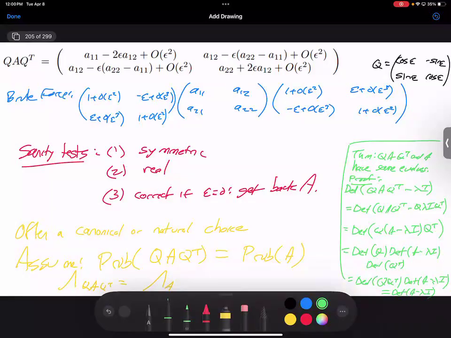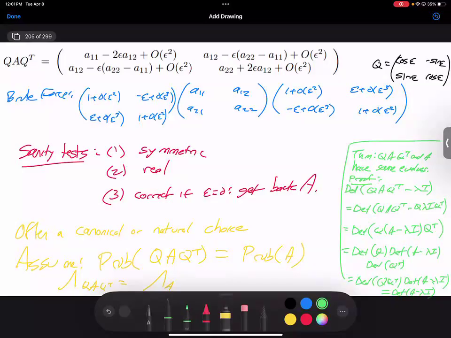So if I do an orthogonal change of variables, I don't change the eigenvalues of my matrix. And so if I want to study the probability of my transformation, the probability shouldn't depend on how I orient my coordinate axes.